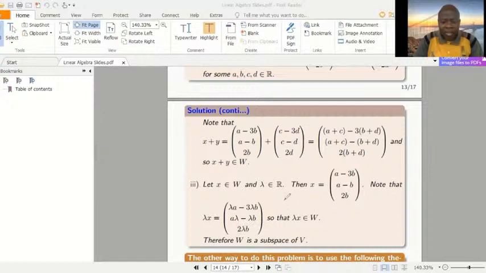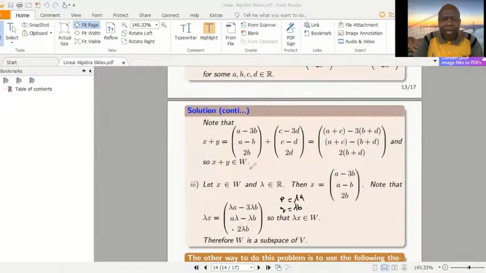So that means in this case, my p is lambda a, and my q is lambda b. So that I have p minus 3q, and this is p minus q, and this is 2q.